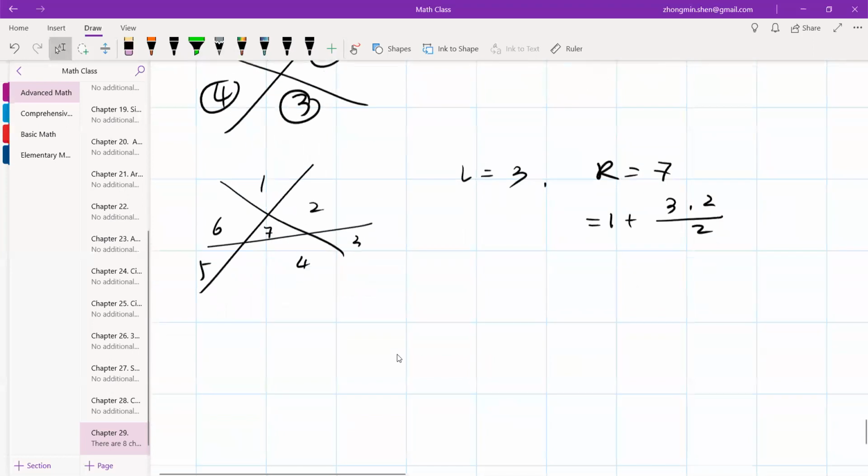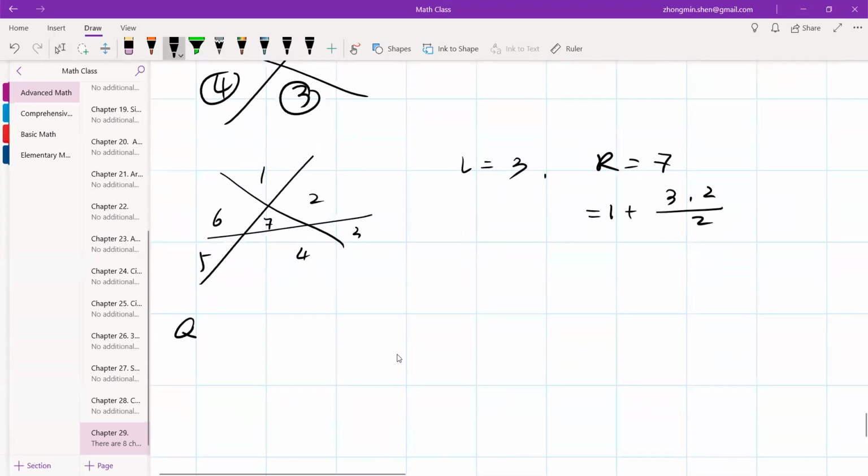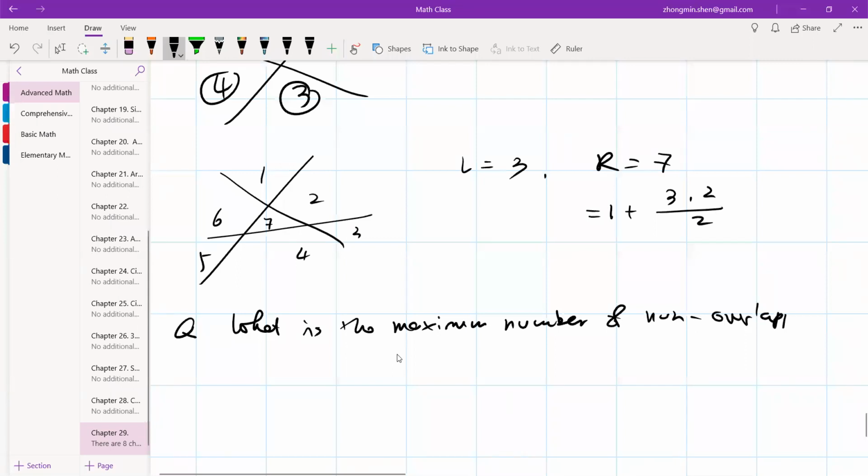All right. So let's take a look at the following problem. Now we have a bunch of formulas, right? Okay. Here's a question. What is the maximum number of overlapping regions created by 71 distinct lines?